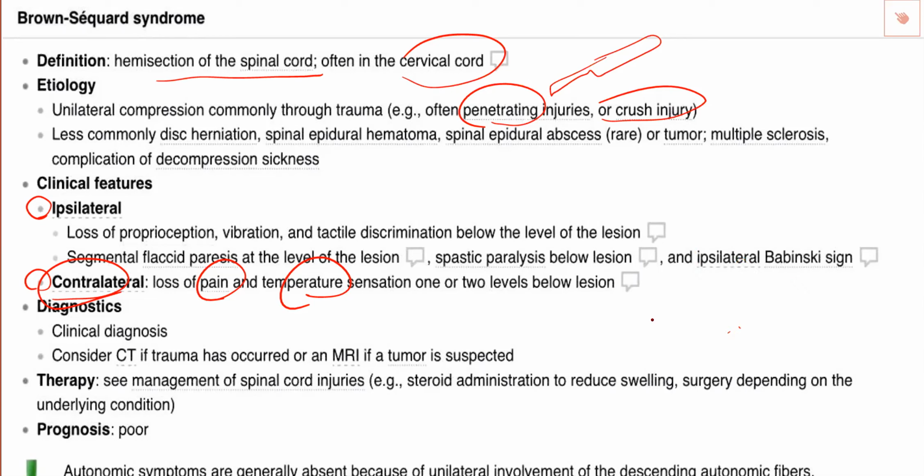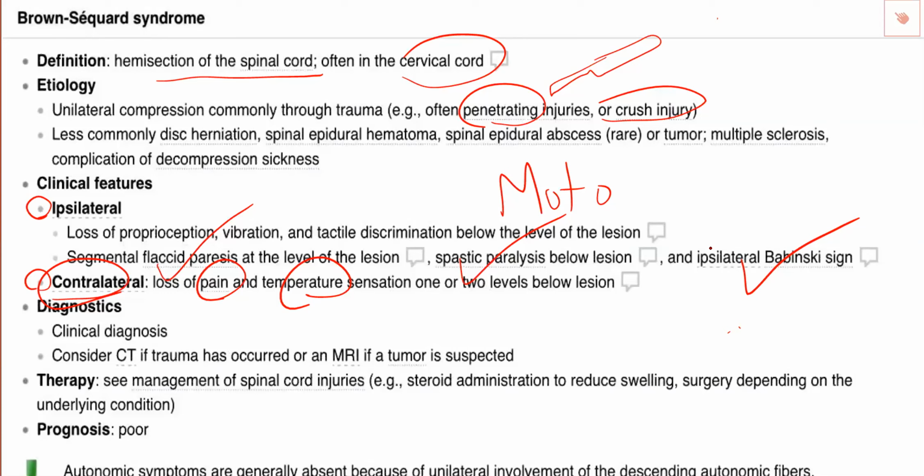We have ipsilateral motor lesion: segmental flaccid paralysis at the level of the lesion and spastic paralysis below the lesion, with ipsilateral Babinski sign.